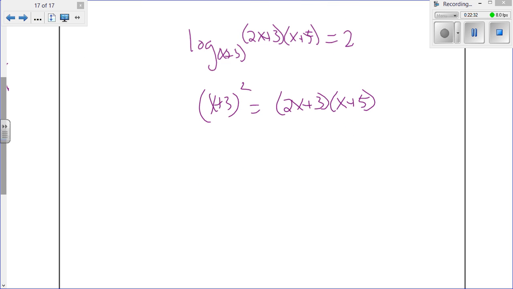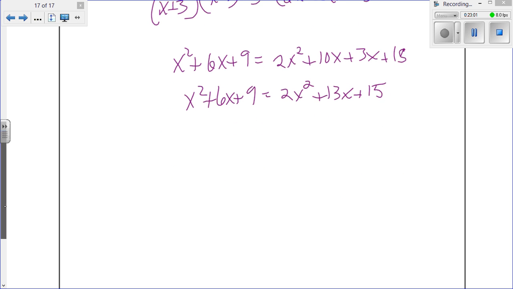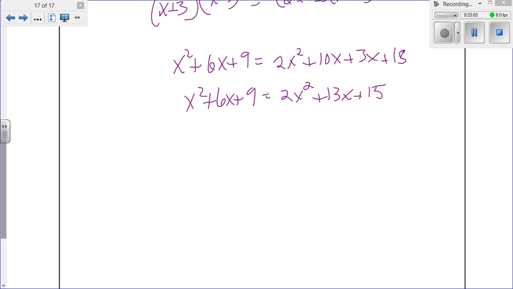So x plus 3 squared means write it twice. So I have x squared plus 6x plus 9 equals 2x squared plus 10x plus 3x plus 15. So x squared plus 6x plus 9 equals 2x squared plus 13x plus 15. Now I'm going to get it equal to 0, so I'm going to subtract everything here.